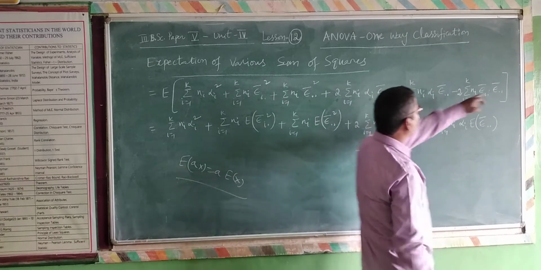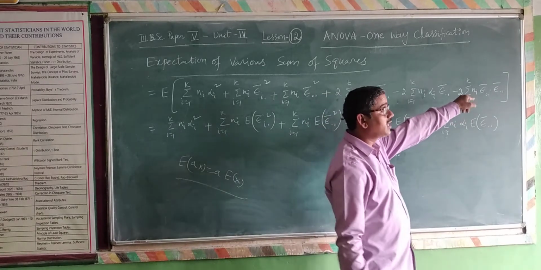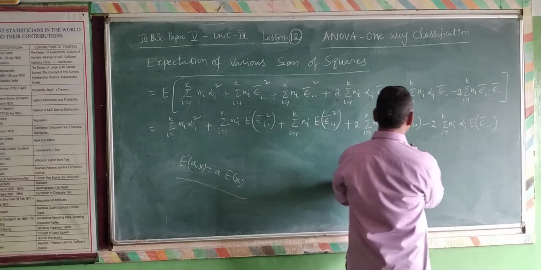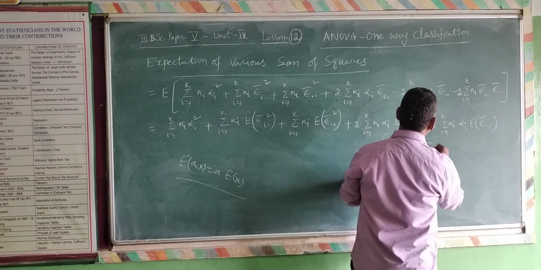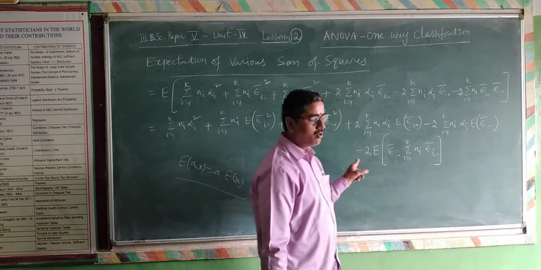Epsilon bar dot dot is a constant. I am taking it outside of the summation, as it is a constant with respect to the summation. So epsilon bar dot dot multiplied by summation i equal to 1 to k of n_i into epsilon bar i dot. Okay. Is it clear to you?